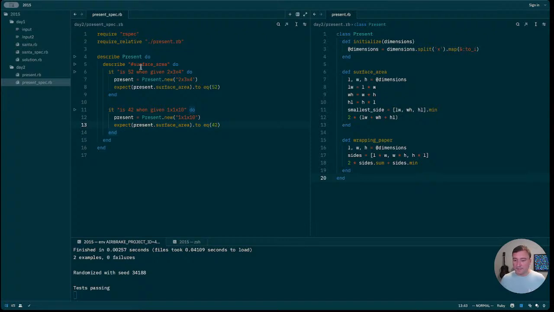Oh, it actually gets the smallest side in the surface area. Sides.sum and sides.min. Why does it get the smallest side there? But okay.